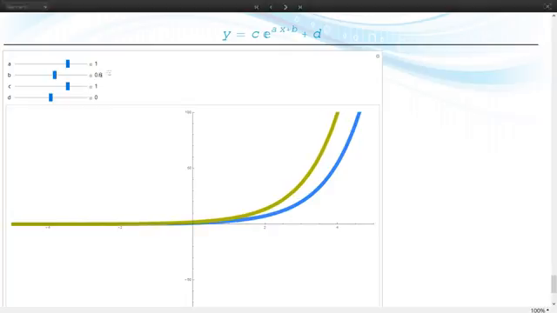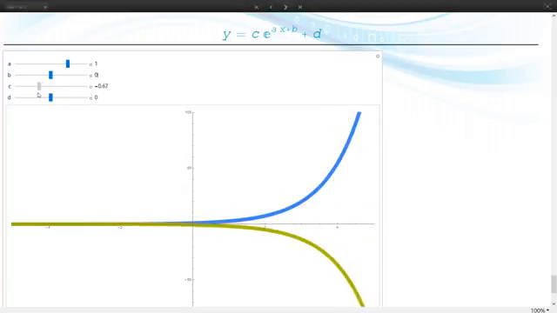Because a shift on the inside of a function, adding a number to the inside of a function produces a horizontal shift. This function behaves just like every other function when it comes to horizontal, vertical translations, or compressions, or reflections. C is a constant on the outside of the function, so it will produce vertical stretching. And if it goes negative, then we have a vertical reflection.